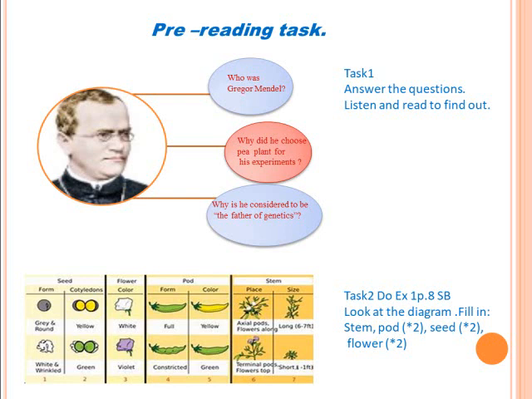So your task is, looking at the diagram, fill in the words stem, pod, seed, and flower. Pod, seed, flower, I use it twice.